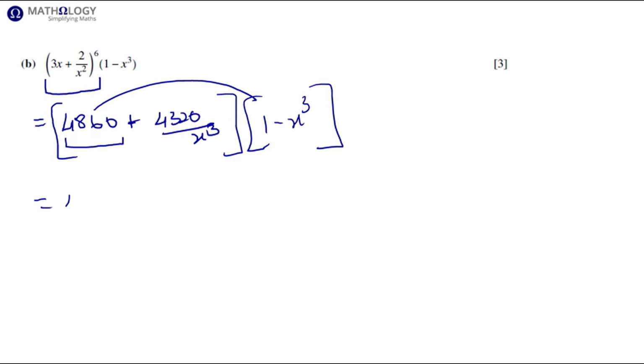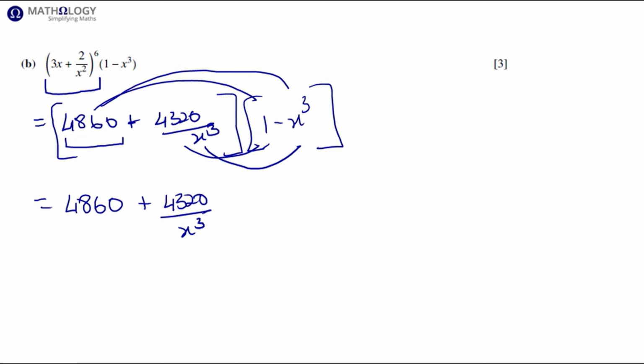4860 times 1 will give us 4860. 4860 times minus x cubed, not interested in that because we're looking for a term that's independent of x, so we can ignore that. 4320 divided by x cubed times 1 gives us a term in x cubed, not interested in that either. But the last two terms will give us plus 4320 divided by x cubed times minus x cubed.